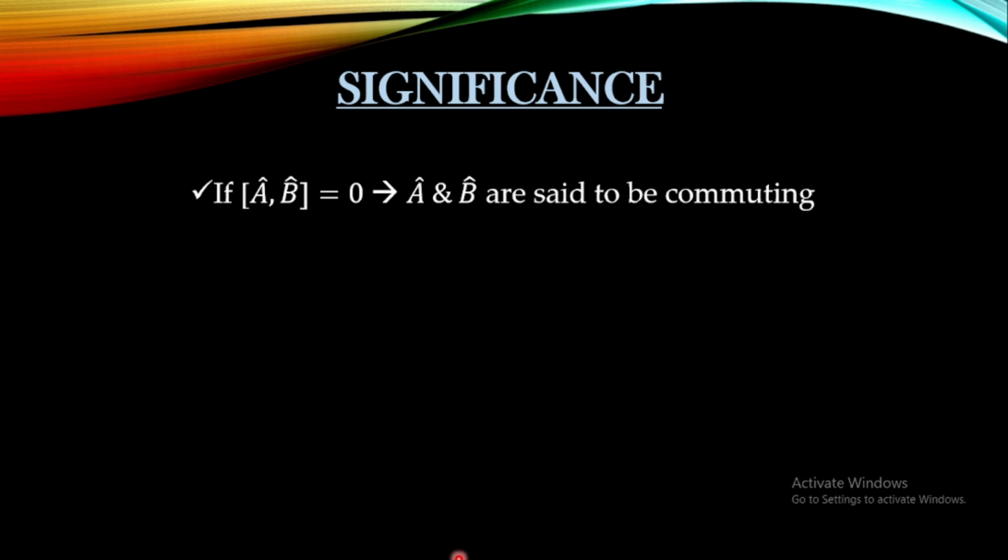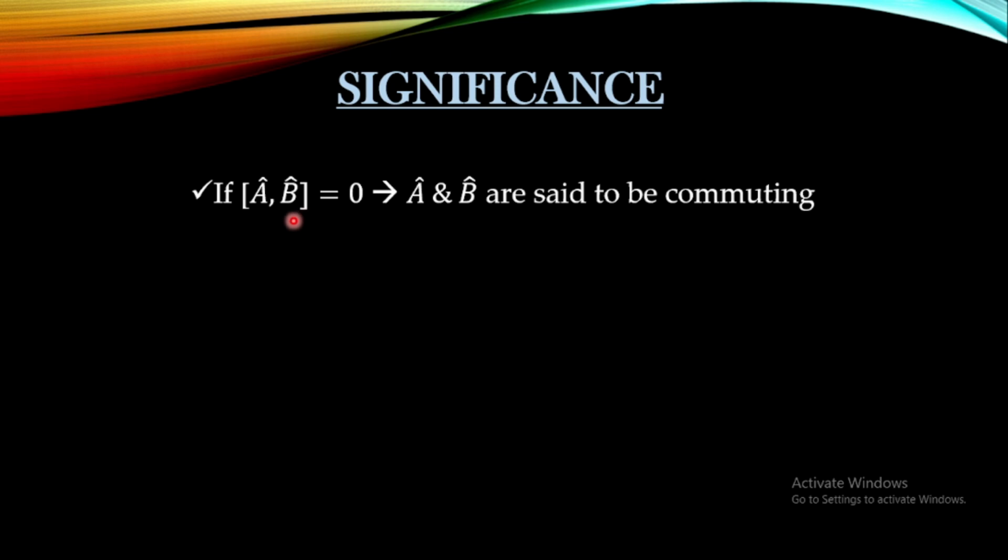When you solve it using the formula, that is A cap into B cap minus B cap into A cap, and if the solution comes out equal to 0, then we say that operators A and B are commuting. Then we say that operator A commutes with operator B.